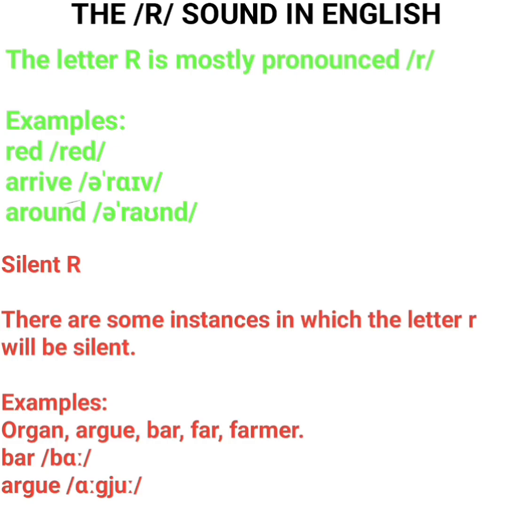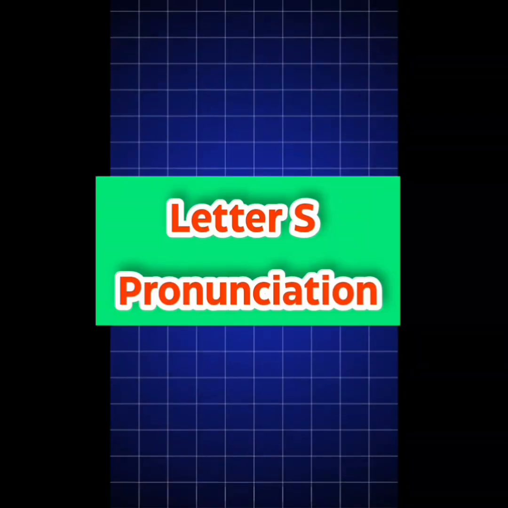So for instance, argue, organ. R is silent in these two examples I give, and in argue, there is long A. In organ, there is long O. So R most of the time is pronounced, but in some certain words or instances, R is silent.